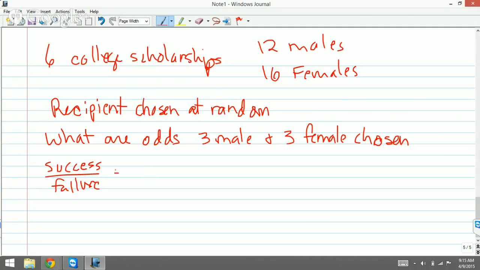How are we going to figure that number out then? If I have 16 females and I'm choosing 3, and 12 males and I'm choosing 3, how would I figure out how many possible successes there are?